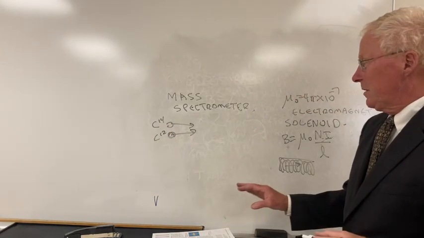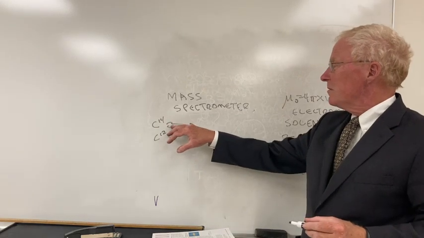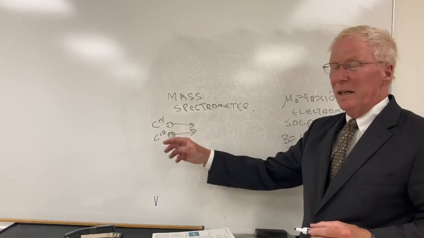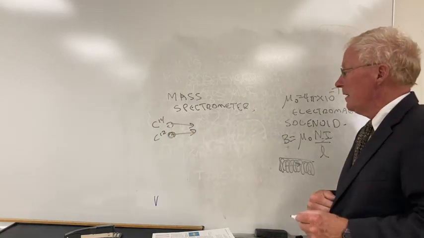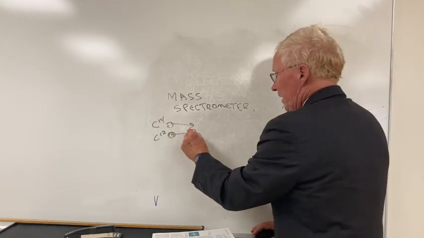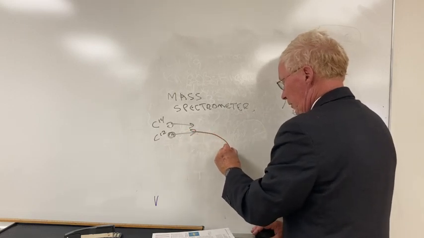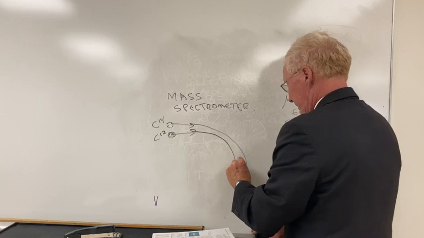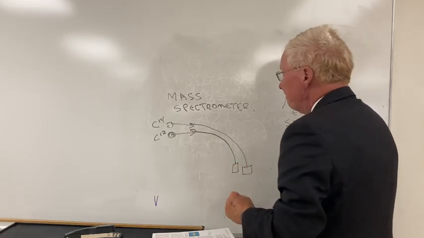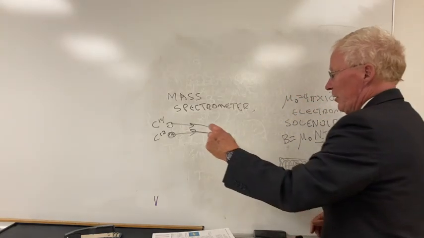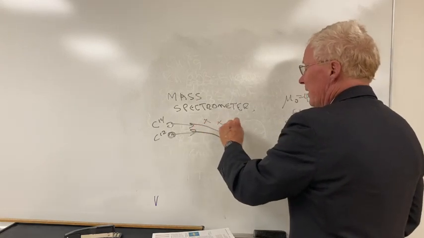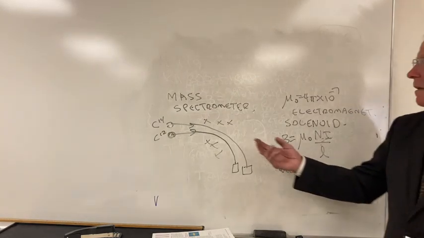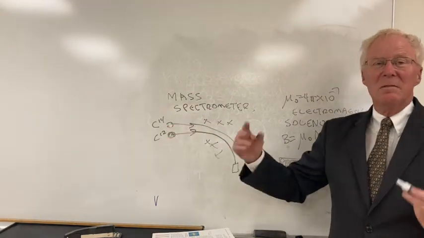They're identical except that carbon 14 has 2 extra neutrons, but it's the 6 protons that are deflected. And because it's slightly heavier, it'll be deflected a little bit less. So this goes in one bin, this goes in the other bin, and by going through a magnetic field, this is how you can separate two chemically identical isotopes.